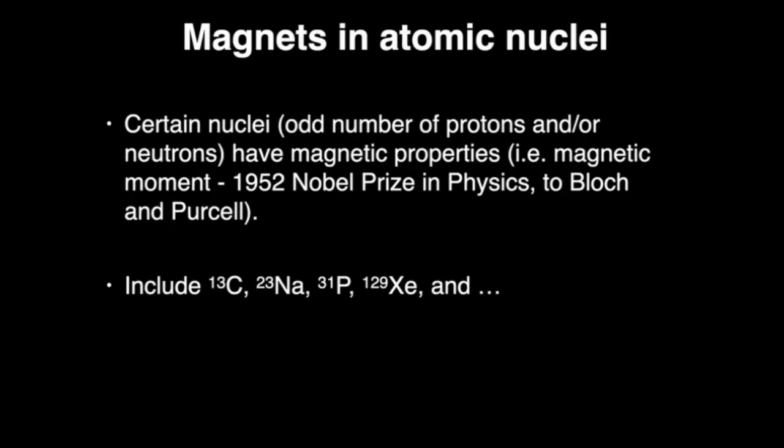Some of the common nuclei that are slightly magnetic at the microscopic or quantum scale include carbon-13 and sodium-23, which one of our scientists is doing experiments on right now to see if they can do functional sodium imaging.